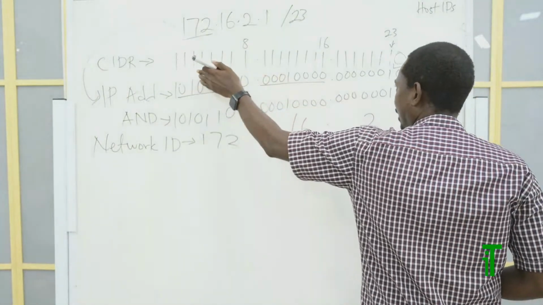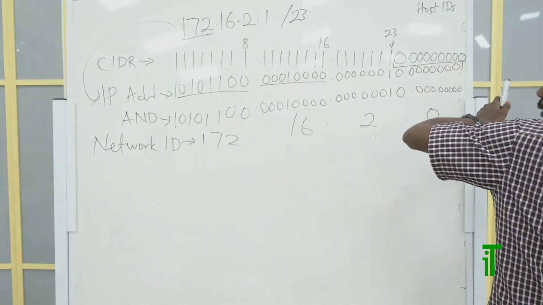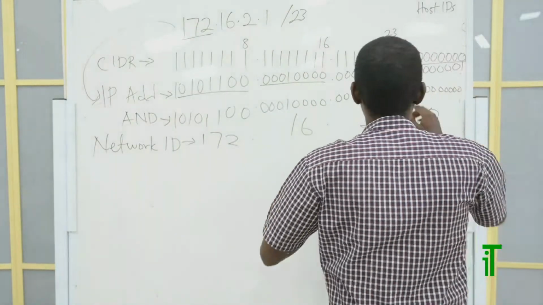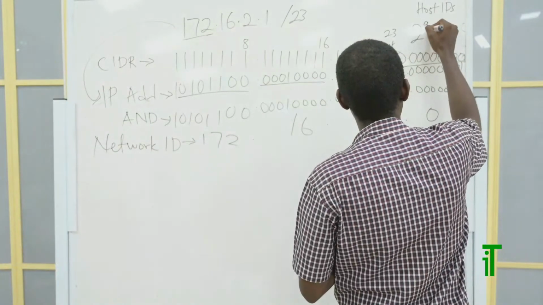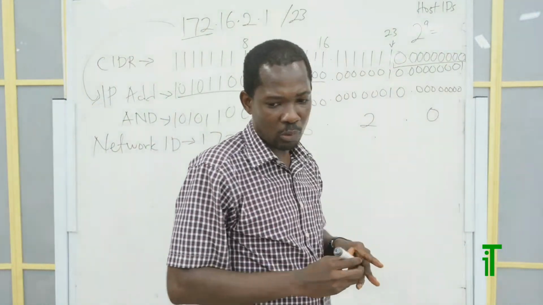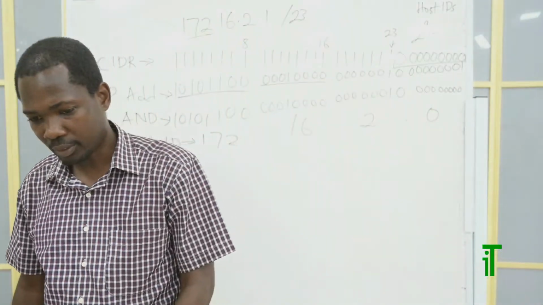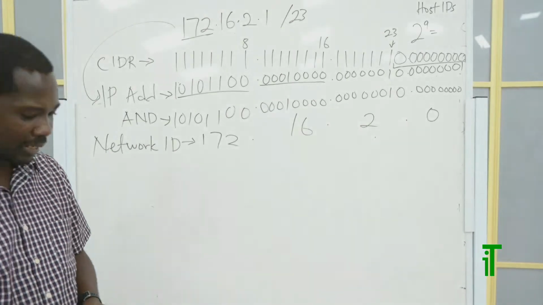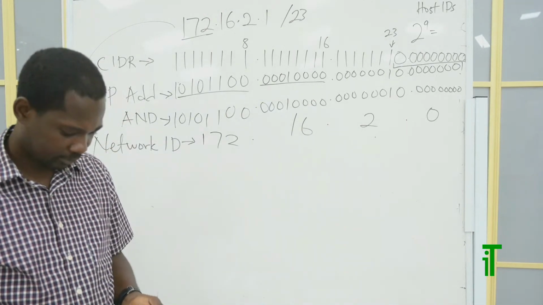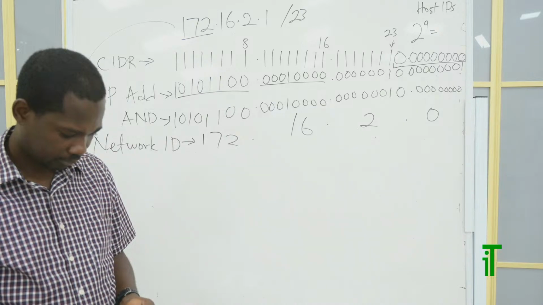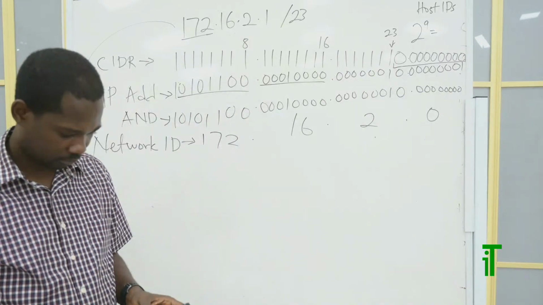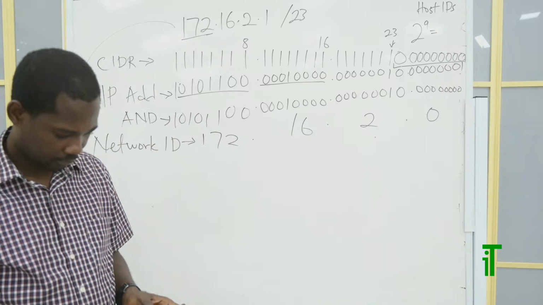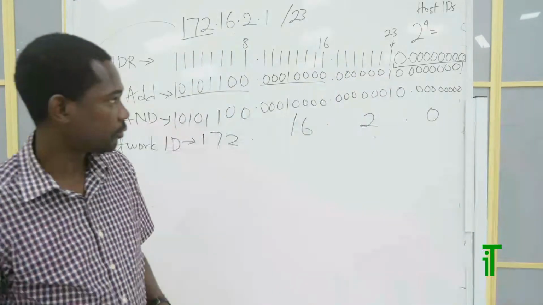After counting 23, the remaining bits that are 0 are 1, 2, 3, 4, 5, 6, 7, 8, 9, so we have 2 exponent 9, which tells us the number of IP addresses on this network. 2 exponent 9 gives us 512.